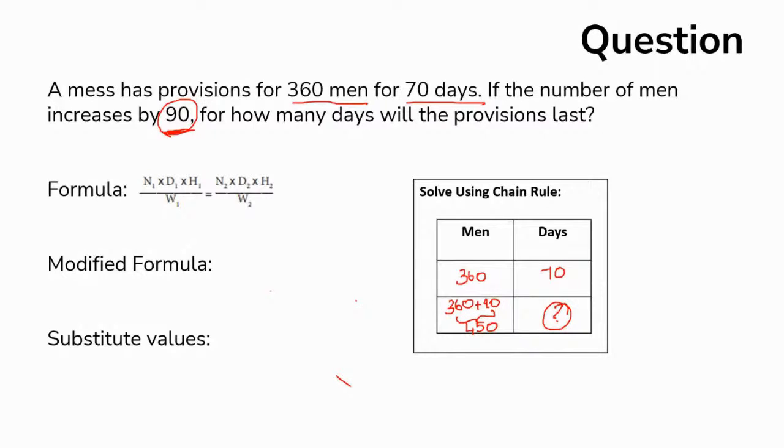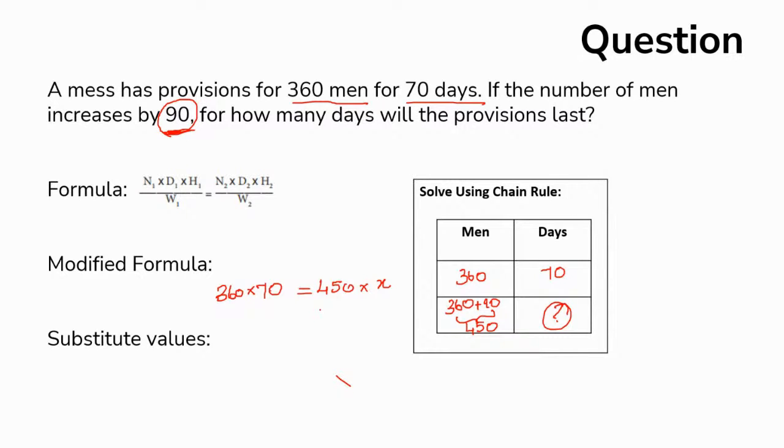How do we do it? The number of men in the first case is 360 and the number of days is 70. In the second case, it is 450 men into how many days, we keep it as x, and on both sides the provision or the work to be done is equal. That is how we'll be taking it.